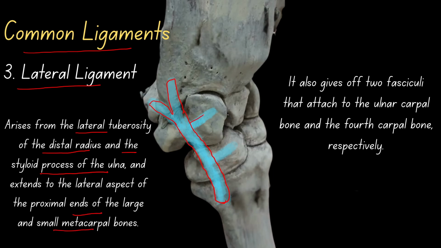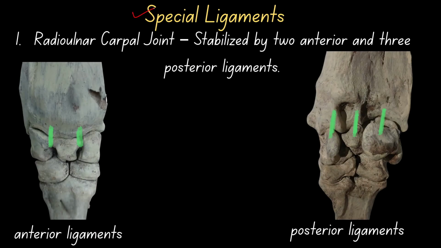It also gives rise to small fasciculi to provide additional support to the ulnar carpal and the fourth carpal bone respectively.